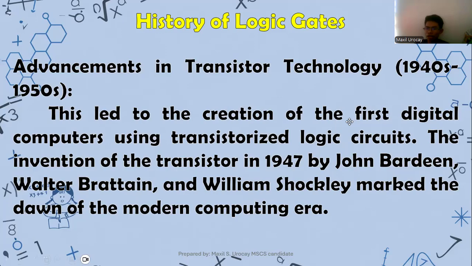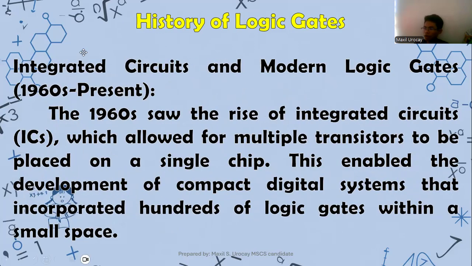Now, the integrated circuits and modern logic gates, from the 1960s to the present. The 1960s saw the rise of integrated circuits. So in this one, multiple transistors could be placed on a single chip, and that enabled the development of compact digital systems that incorporated hundreds of logic gates within a small space.